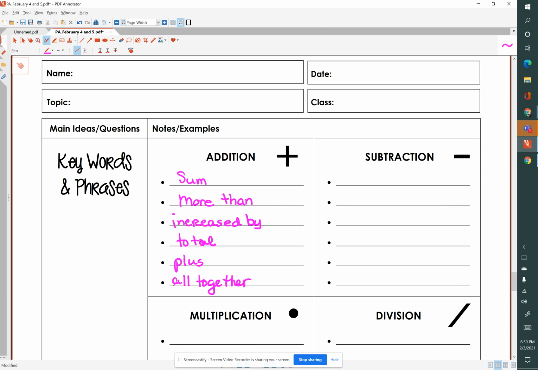When we subtract, the answer we get is called the difference. We can also use the term less than or subtracted from.